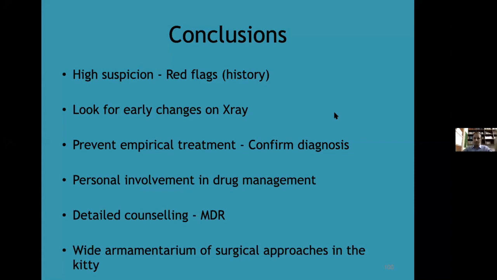So you need to have a wide view in making the diagnosis. Second, very important, in all cases of chronic back pain and neck pain, look for early changes on the X-ray. So don't miss that. Try to avoid empirical treatment.